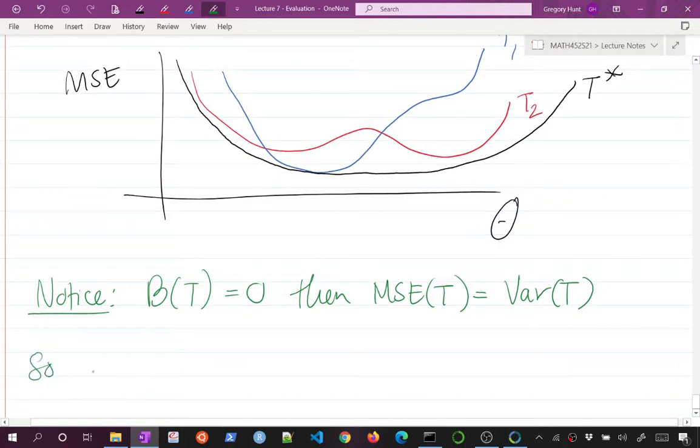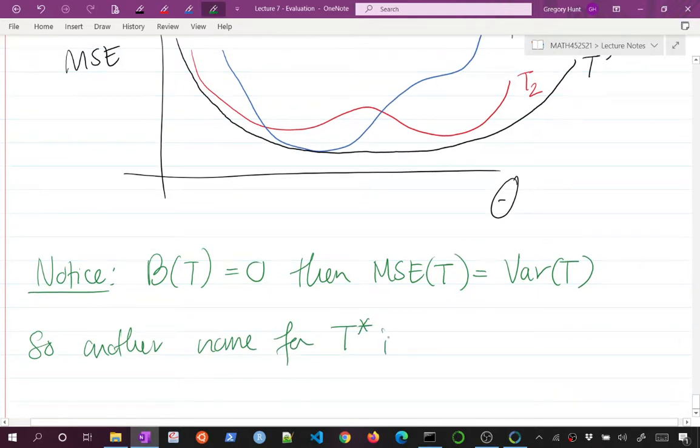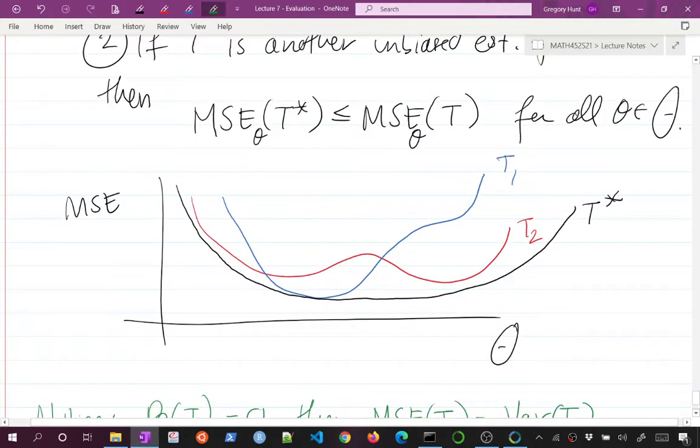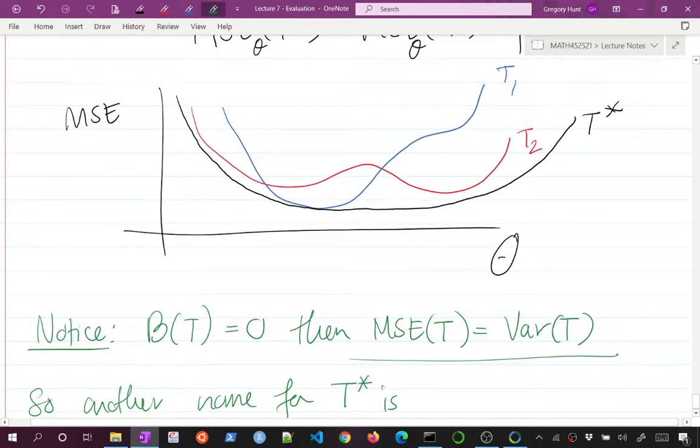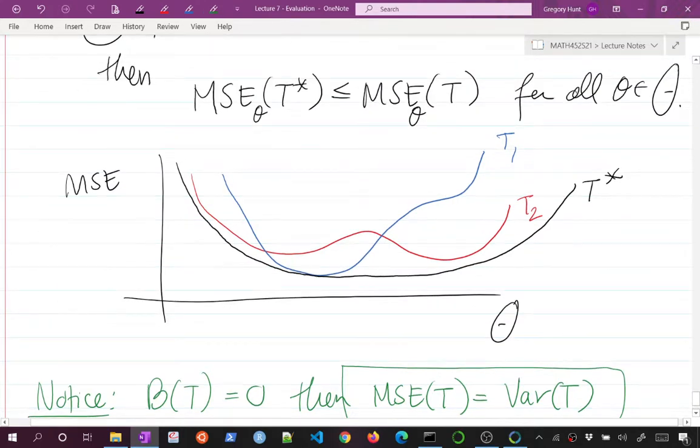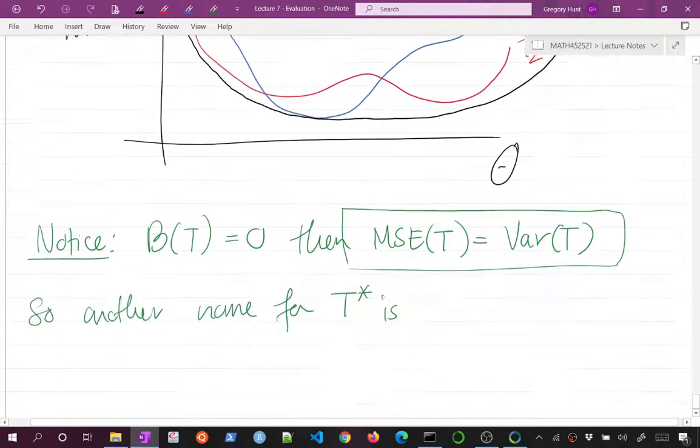So another name for T star is, you could say it has the lowest MSE, but you could equivalently say, because they're unbiased, and when things are unbiased the MSE and the variance are equivalent, that it has the lowest variance.